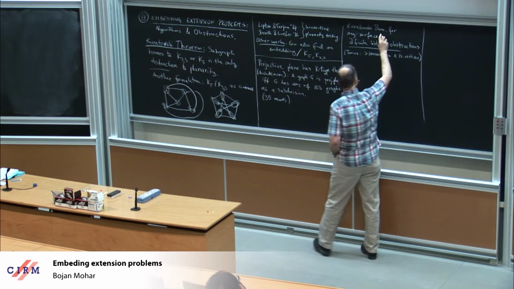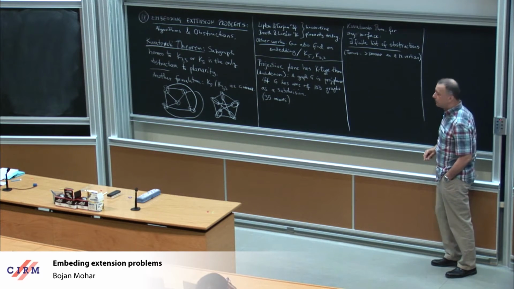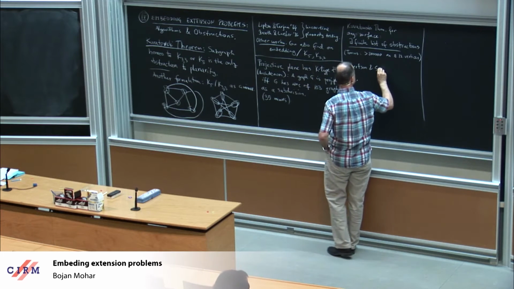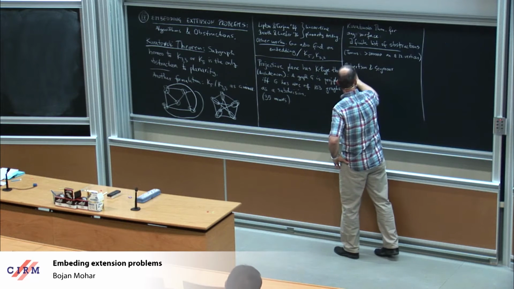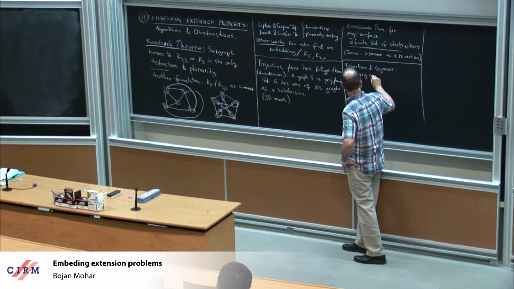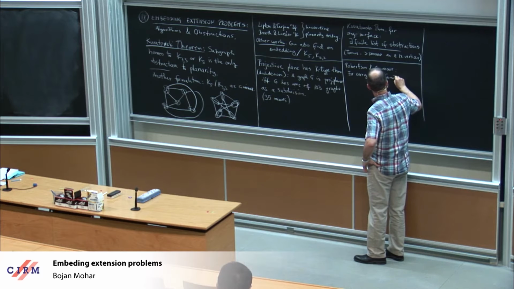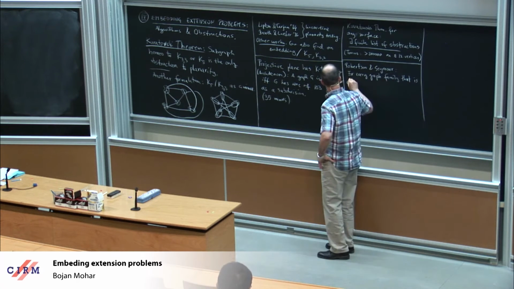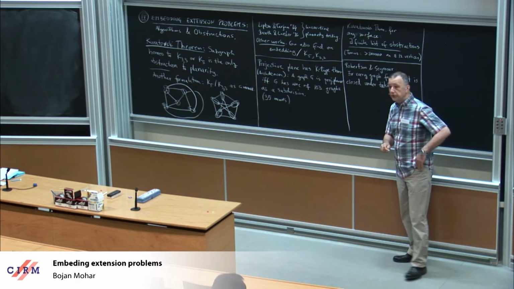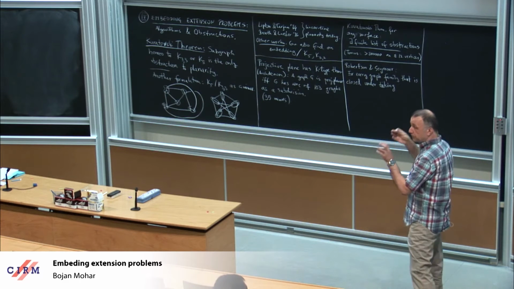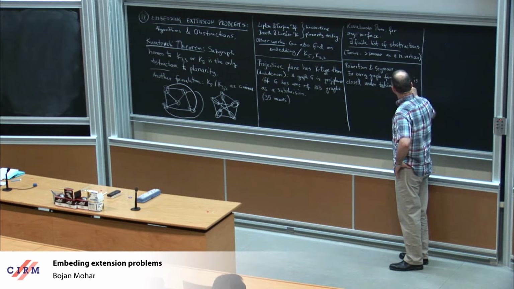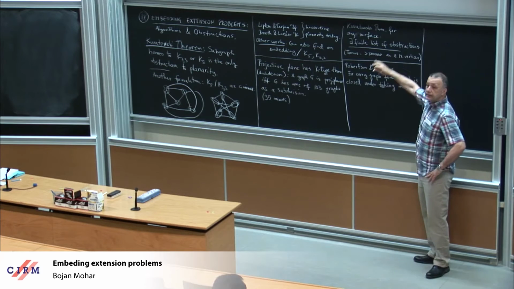Now, this theorem follows from a more general theorem of Robertson and Seymour, who proved that for every minor closed family of graphs, that is, every graph family that is closed under taking minors, so if you delete any edge, contract any edge, you're still in the family, and you can repeat deleting or contracting any way you like and you keep being in the family, there exists a finite list of forbidden obstructions.